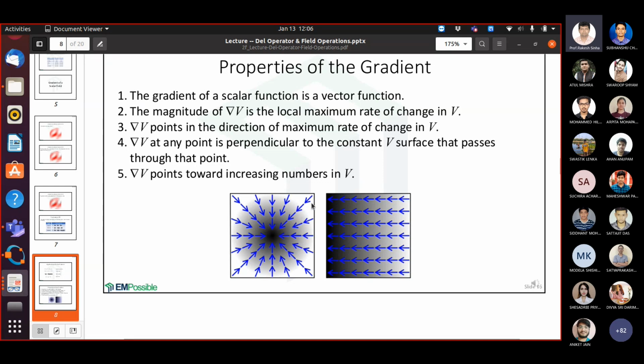As you go away, the strength of the electric field dies down, and in the center the electric field is maximum. Or take the flow of a certain current in a certain direction. In this direction you have higher charge density, and in this direction a lower charge density. If I take the gradient of this, you can get how the current will flow from this point to this point.